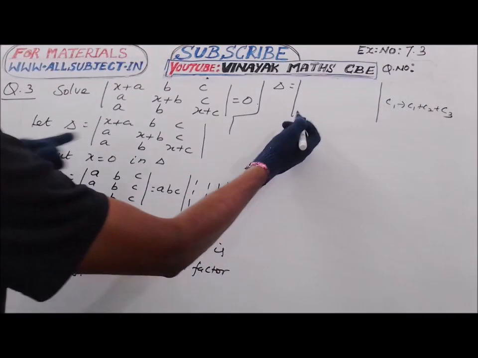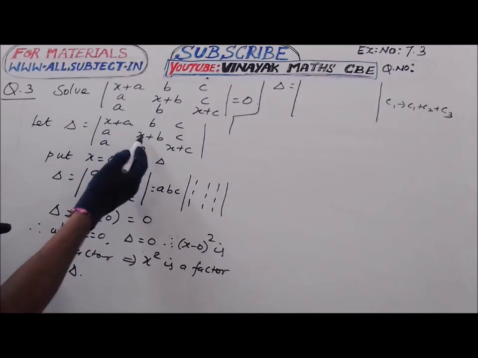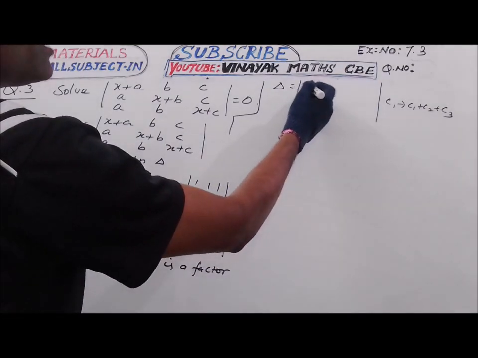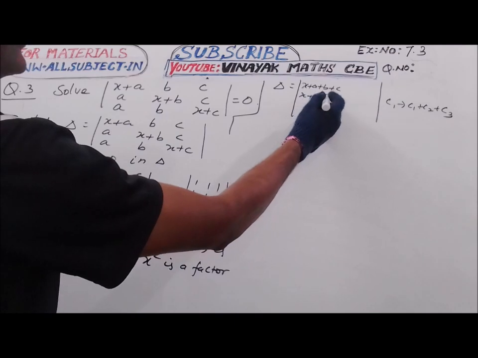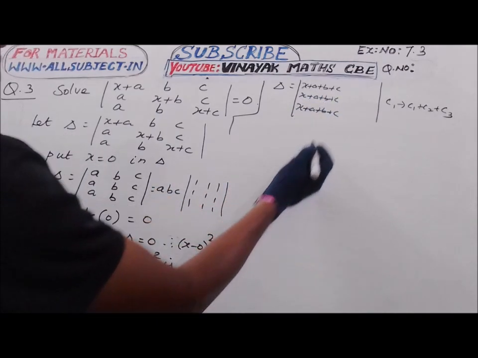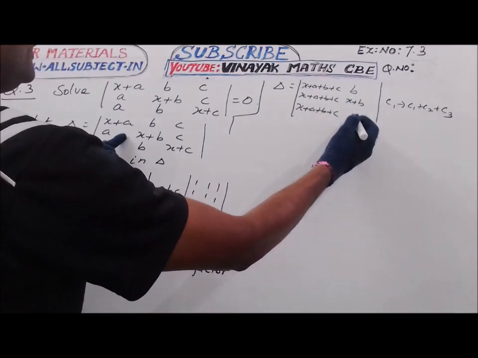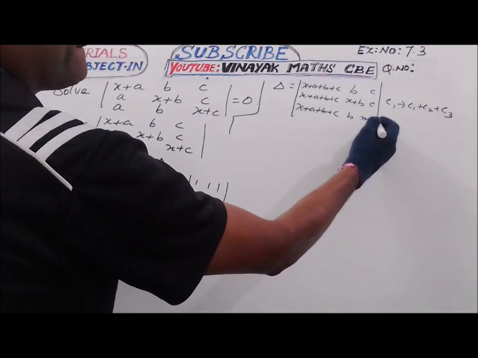That means in the first column, adding all the columns, we get x plus a plus b plus c in every row. So the first column contains x plus a plus b plus c. Second column is also x plus a plus b plus c, and the third column also has x plus a plus b plus c. And writing the remaining two columns: a, x plus b, b and c, c, x plus c.